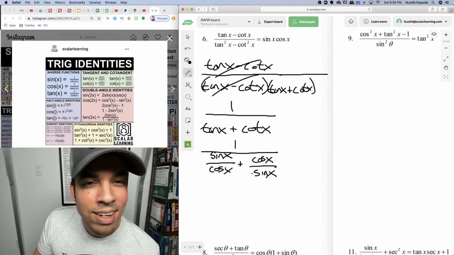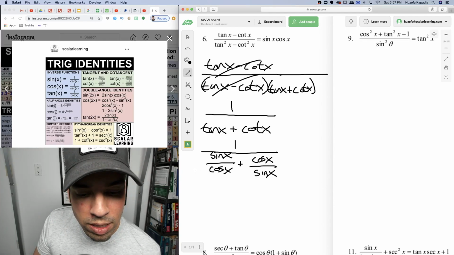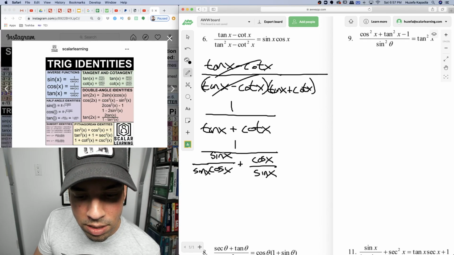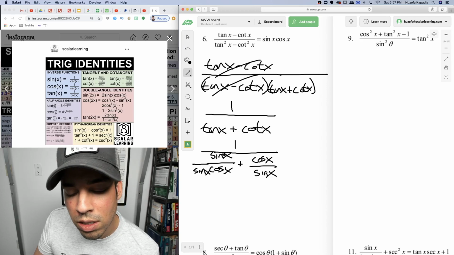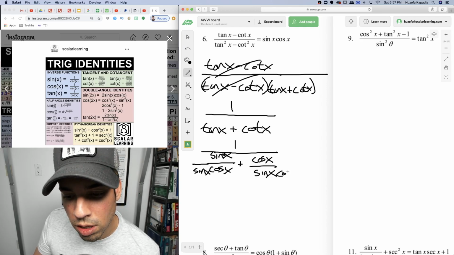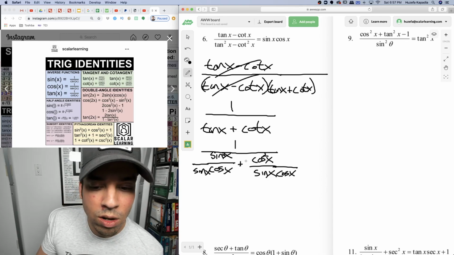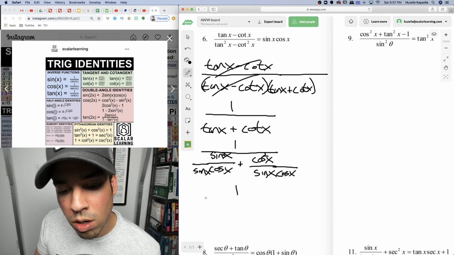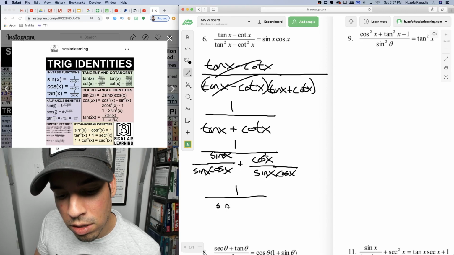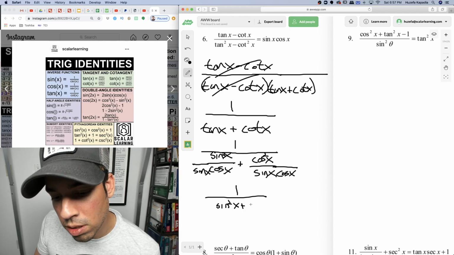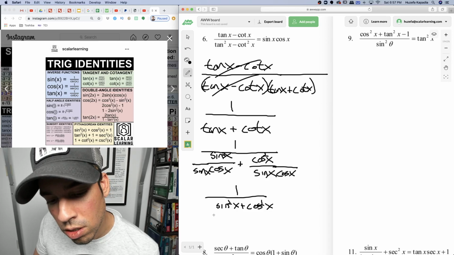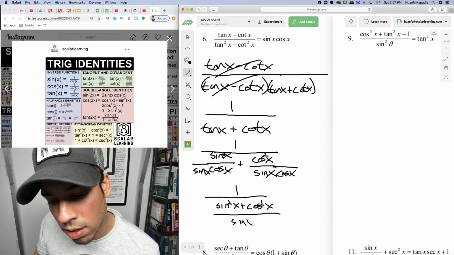Now, how do I consolidate any common denominators? I'm going to multiply this by sine, so now it's sine cosine, and the top by sine has also become sine squared. This one by cosine of x, so it becomes cosine squared. Now watch what happens. This becomes 1 over sine squared x plus cosine squared x over sine x cosine of x.